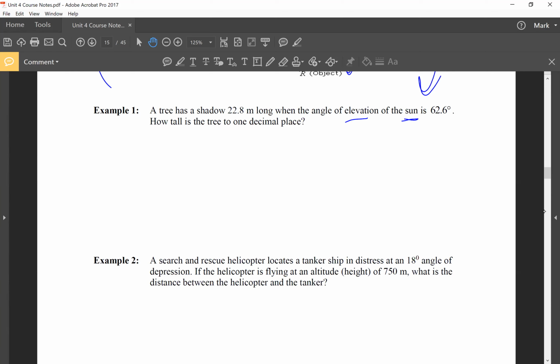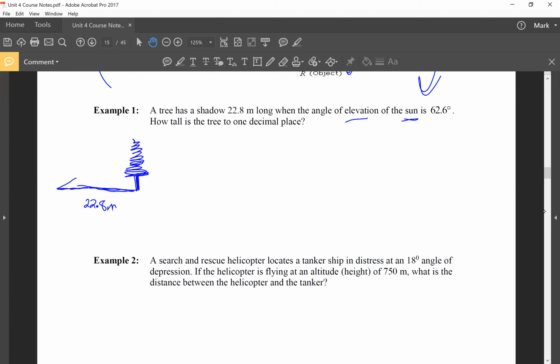I'm going to draw my tree. This is a very Canadian thing to do, I'm going to draw a pine tree. Here you would have a palm tree or something like that, but here's my tree. And it's casting a shadow 22.8 meters long.